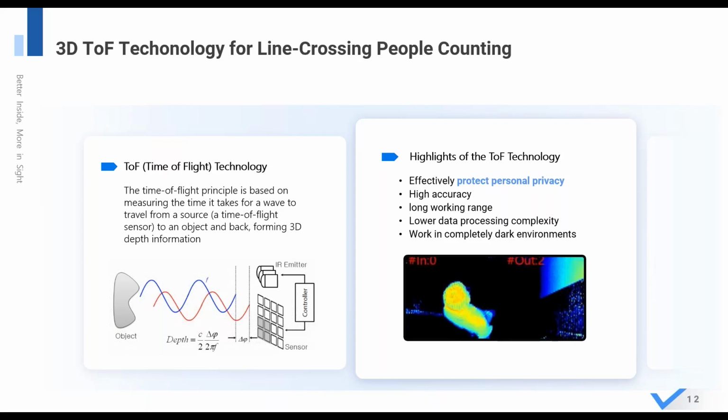With this feature, we could guarantee its 100% anonymity, high accuracy for detecting, and also high adaptability in different light environments. Therefore, compared with conventional technologies, 3D ToF technology could provide you a more secure and accurate solution with lower data processing complexity.